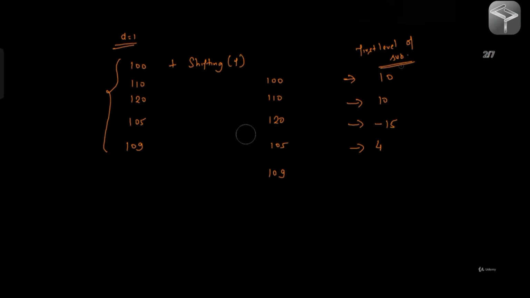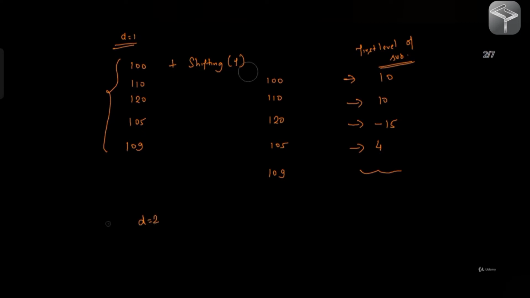Once I perform the first level of subtraction, we check whether there is some trend in this difference, whether it is continuously increasing or continuously decreasing. If your difference still follows some kind of trend, you can apply differencing again, which is the second order of differencing, D equals 2.